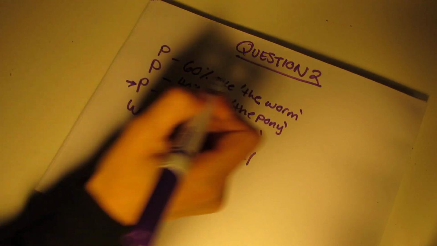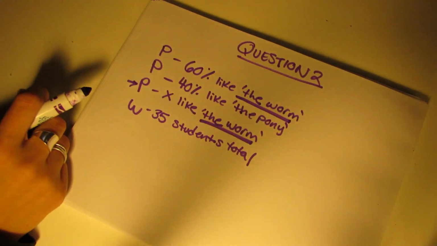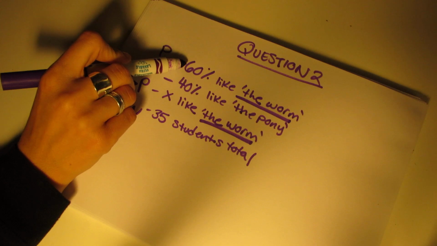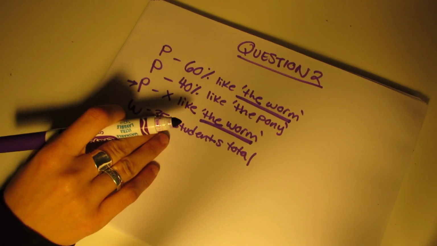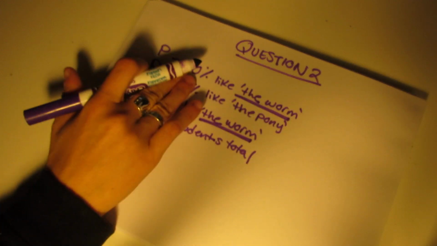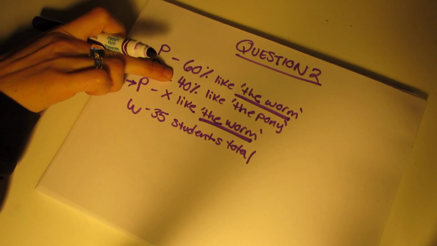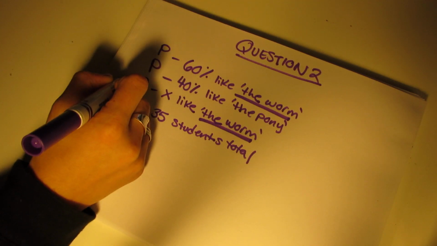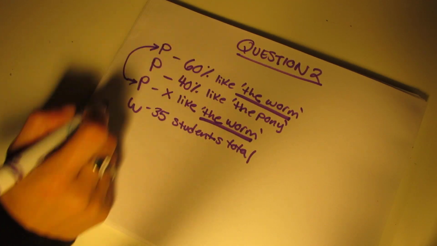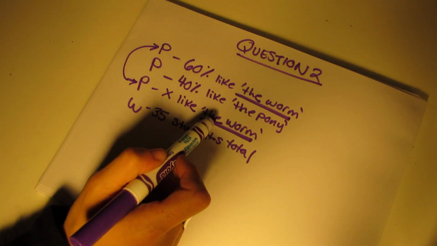Okay? So now I've got two parts that match. Again, if I add 60% and 40%, that gives me 100%. That's my whole, okay? I went ahead and just created another piece of information from 40%. Now I can use this part and match it with this 60% because I want to know the kids that like the worm.